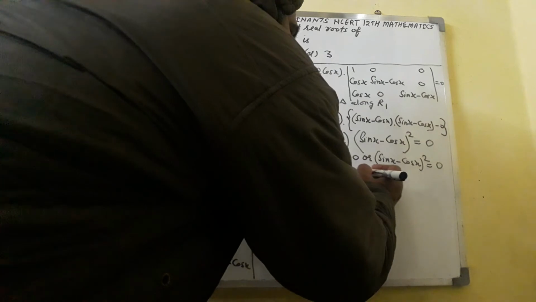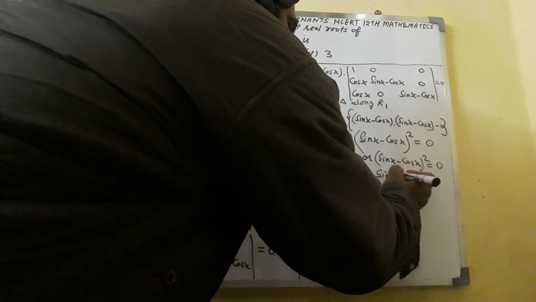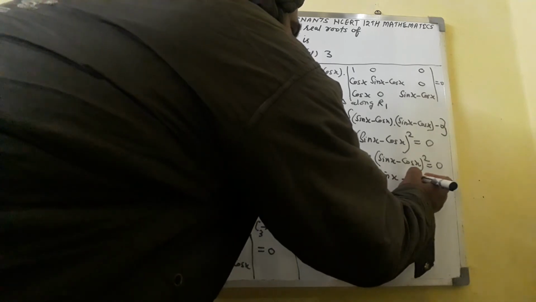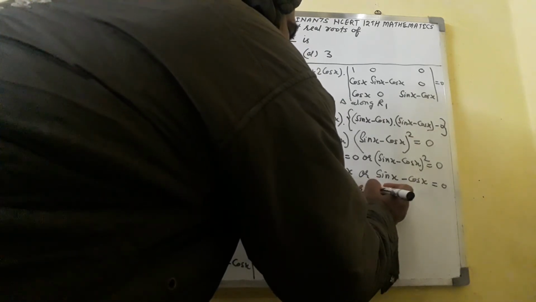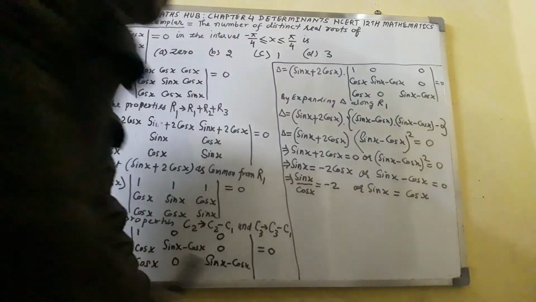And here you will get, or sin x minus cos x equal to 0, or sin x equal to cos x you will get.